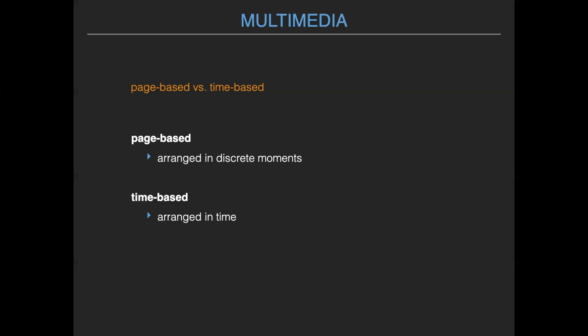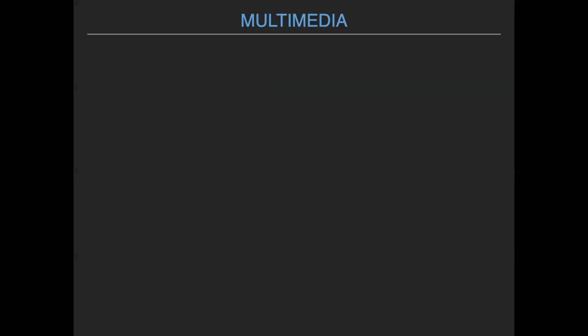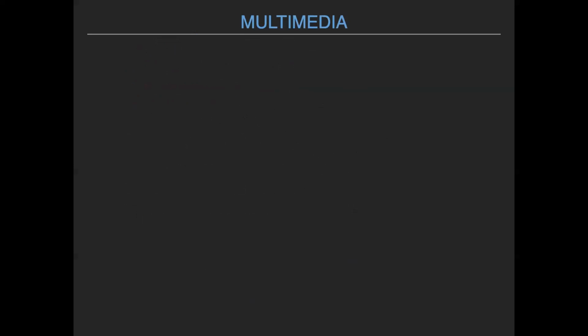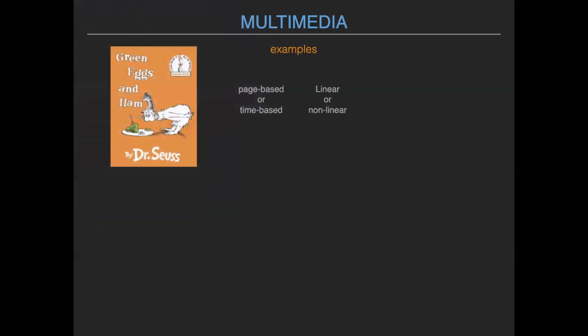Or you could decide the structure and then develop the theme to the structure. By structure, I mean, is it page-based or is it arranged in time? Is it flowing? Is it linear or non-linear, right?